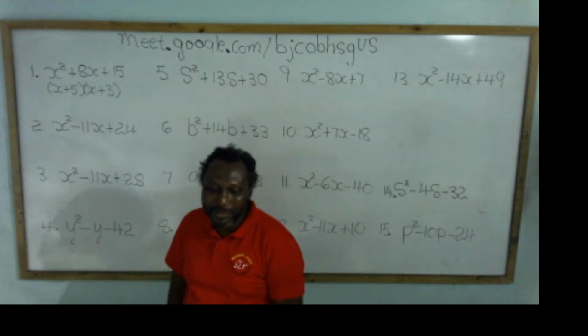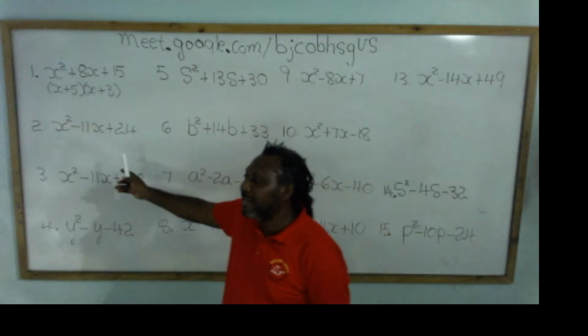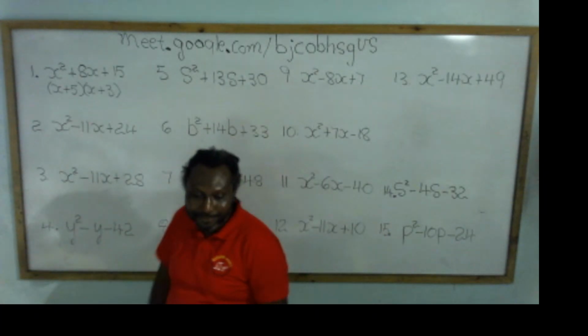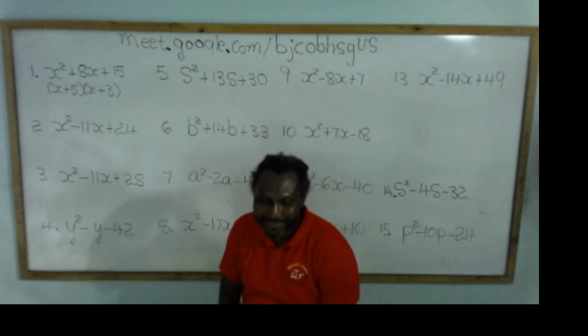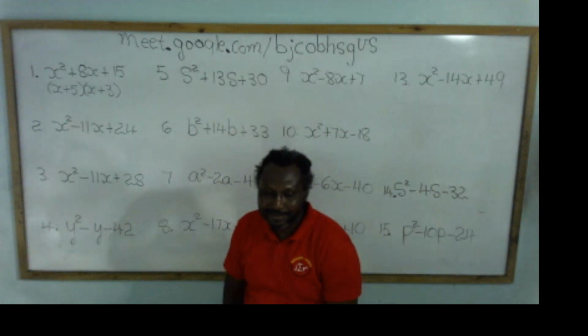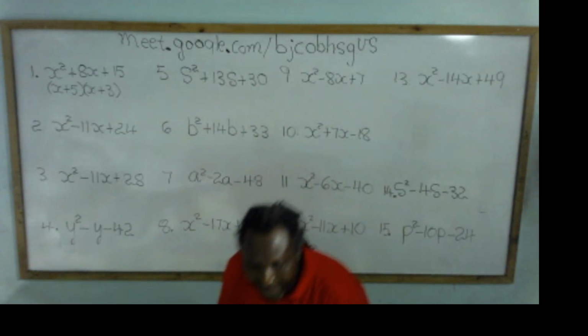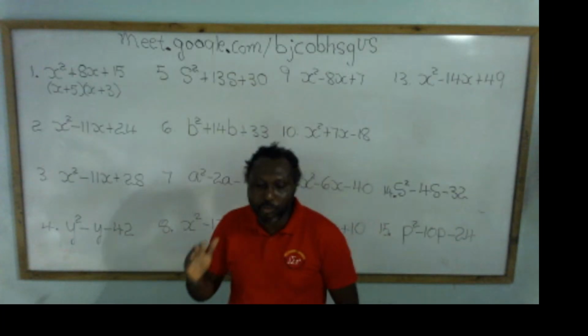Give me with correct sign. Let's go. Multiply to give a product of 24, and when we add them, we get negative 11. What are they? Negative 8, negative 3.